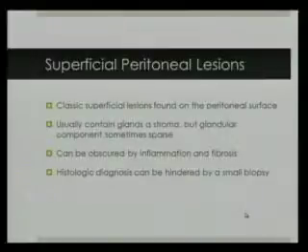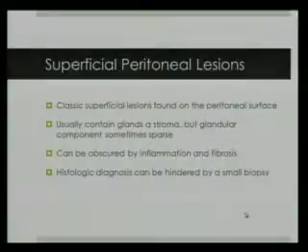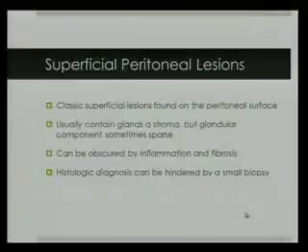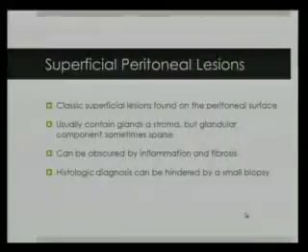They usually contain glands and stroma, but sometimes the glandular component is sparse in the tissue. It's sometimes just more fibrous tissue that you'll see. They can be obscured by inflammation and fibrosis, and histologic diagnosis because of these things can be a little bit more difficult to get. If you have a small biopsy and you only biopsy fibrosis, you're not going to get the actual glands and stroma that you need.